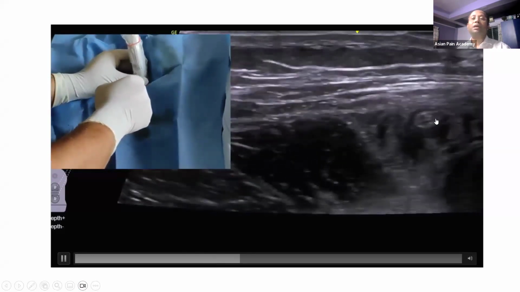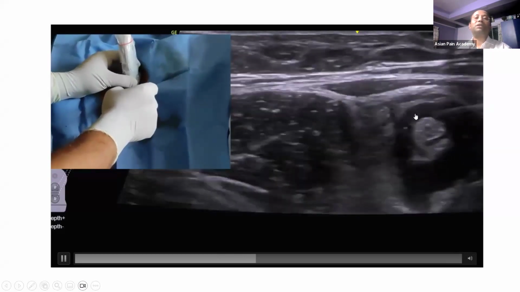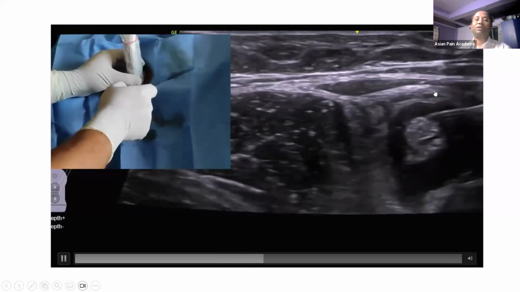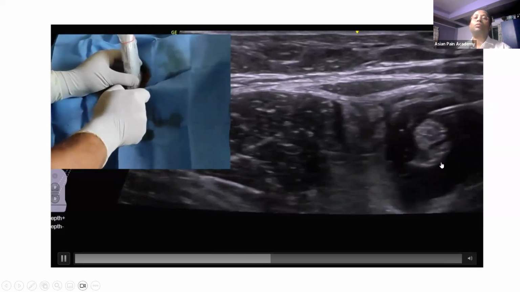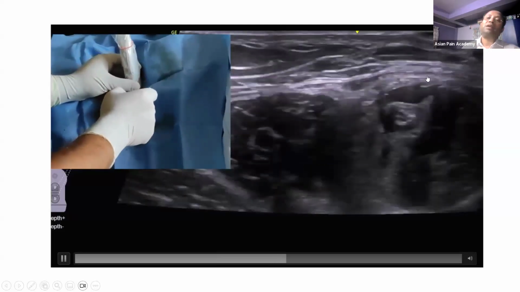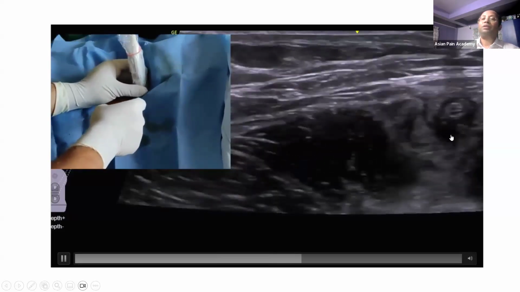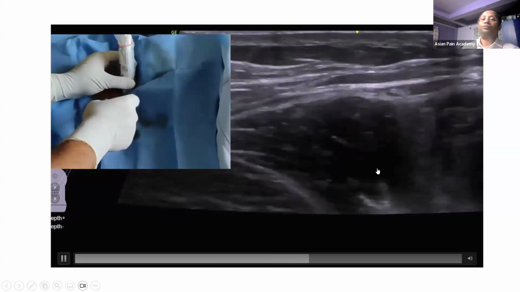So here you can see the nerve is inside the sartorius muscle. Earlier, the picture which I showed you was above the sartorius muscle. So this nerve has to be searched. It can be inside, can be above, can be in between, can be below also. So this has to be searched.